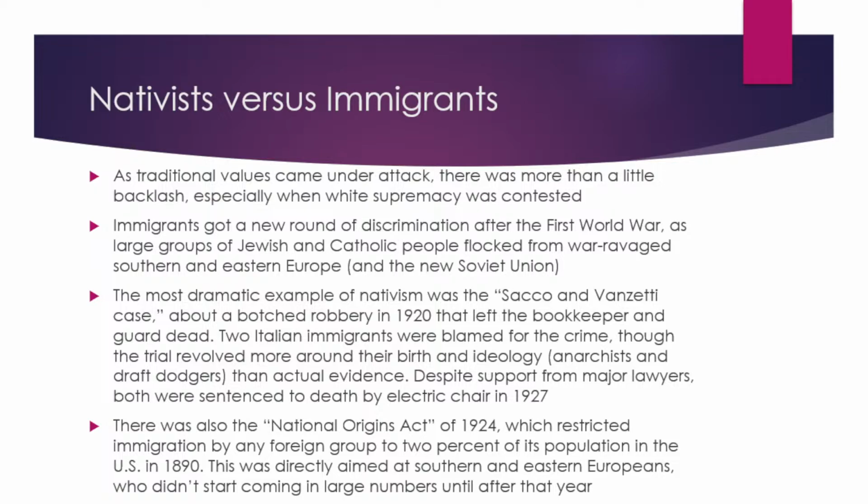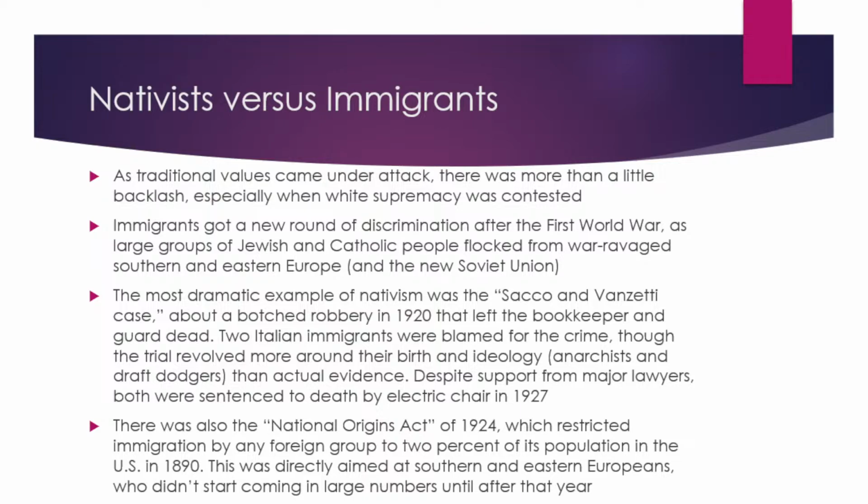Then we also have the National Origins Act, restricting immigration by any foreign group to 2% of its population in the U.S. in 1890, which sounds like a whole bunch of words. But this specifically is making sure that fewer Southern and Eastern Europeans can get in, because this was when we had that shift from Northwest Europe to Southeast Europe.